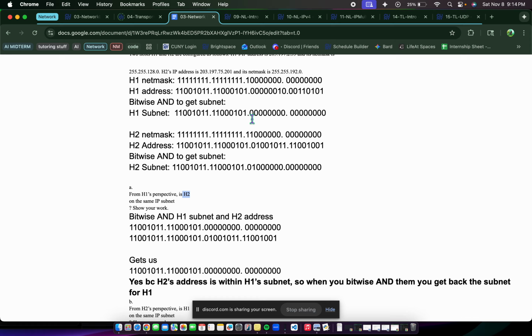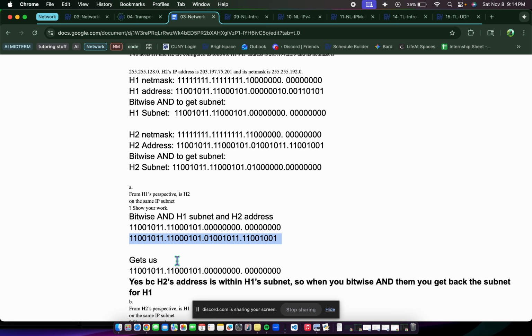And how do I do that? I bitwise AND them. So I bitwise AND H1's subnet, right? Because we're asked from H1's perspective, is it on the same IP subnet? So the same IP subnet is H1's, and I'm seeing if H2's address is on this. So I just took the 2 numbers from that, that's H1 subnet, and that is H2's address.